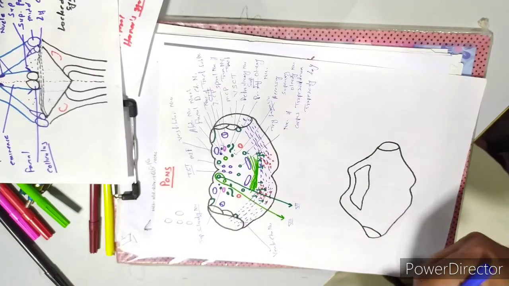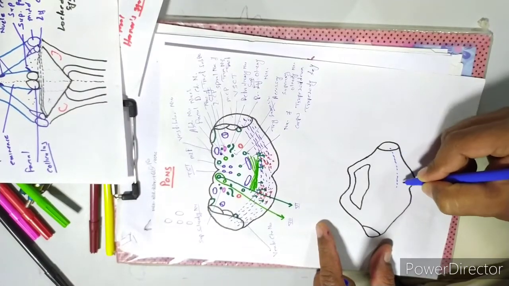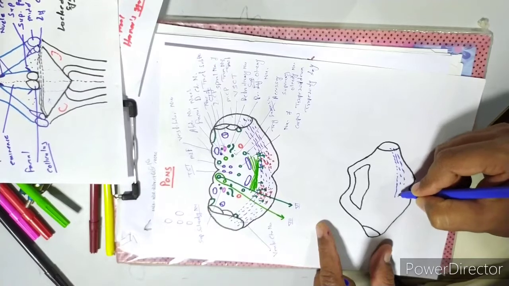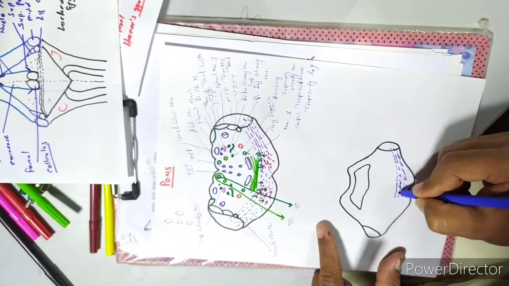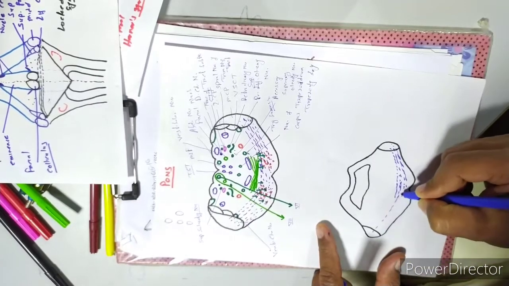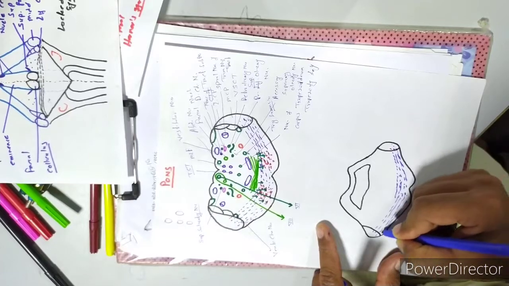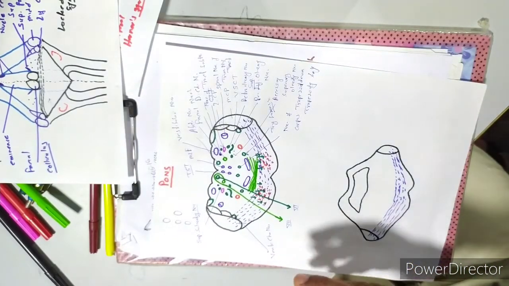These are the fibers of the pontine nuclei, which come from the opposite side and reach toward the middle cerebellar peduncle, like this. Clear?